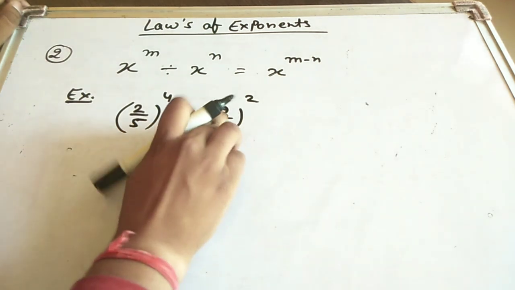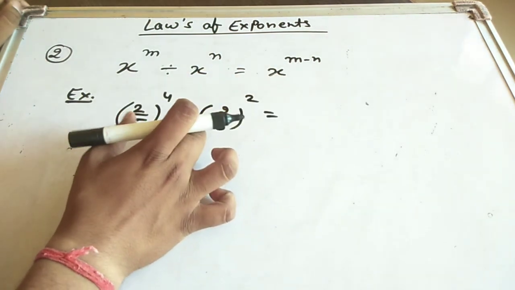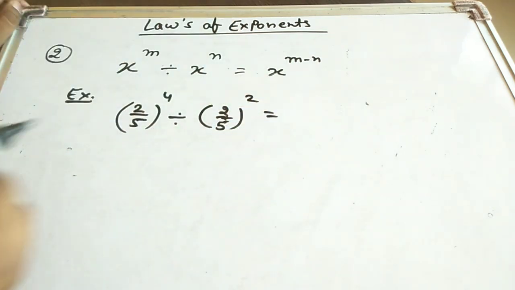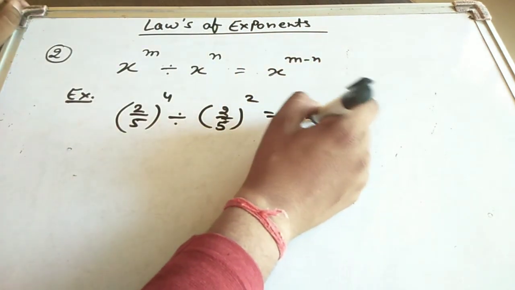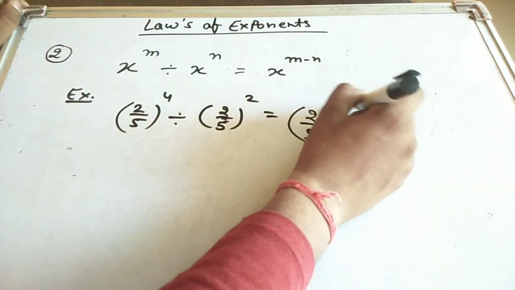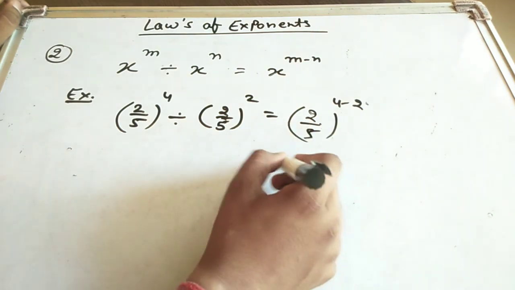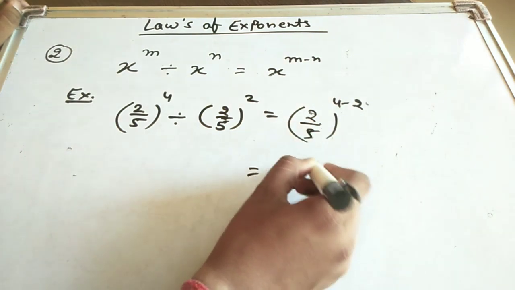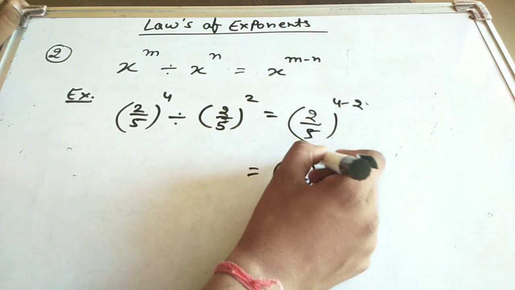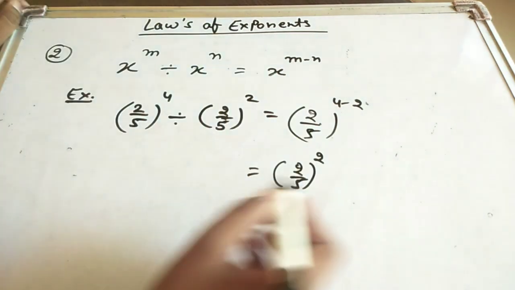Okay. When the same numbers are divided, then the exponents of the numbers will be subtracted. So we get 2 by 5 to the power 4 minus 2, so 2 by 5 to the power 2.